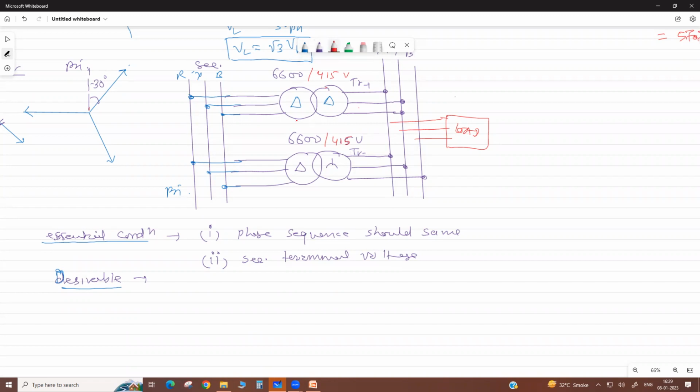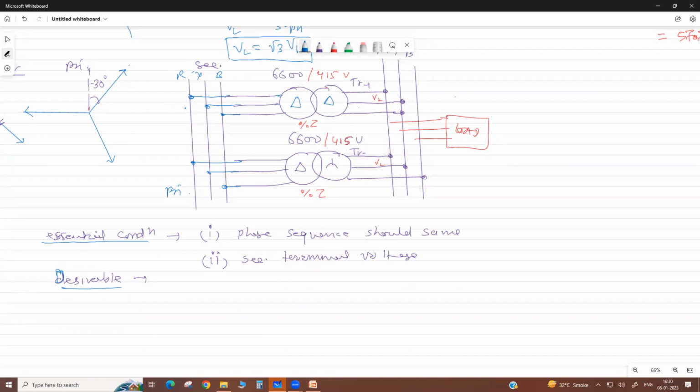Their no-load voltages may be different because of their percentage impedance. If there is a different percentage impedance, it may be okay, but after the voltage drop we get the same voltage, V2. The secondary terminal voltage should be the same.